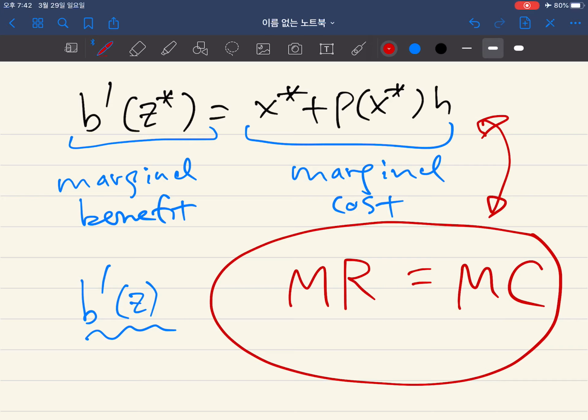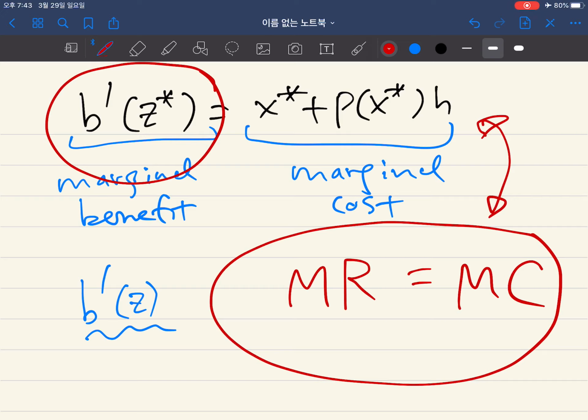You want to find the perfect balance and the best level of activity for our society. If you increase the level of activity, it is good because it gives more benefit to the injurer, by B prime.